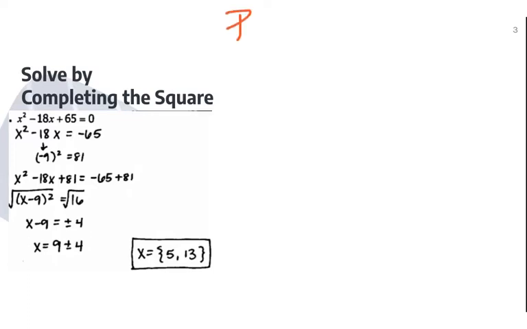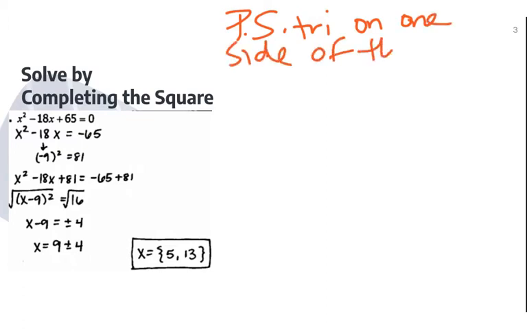So I need a perfect square trinomial on one side of the equal, and that needs to be alone. So that's the goal. This does not have to equal 0.